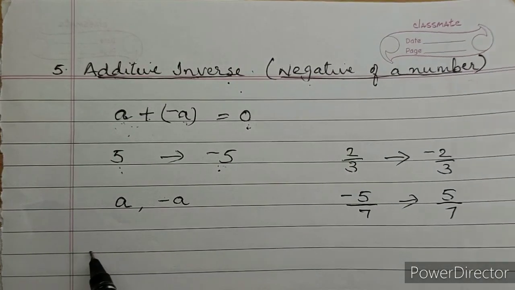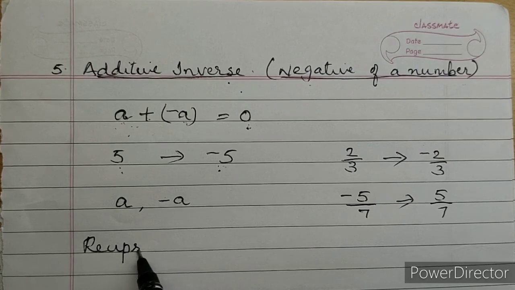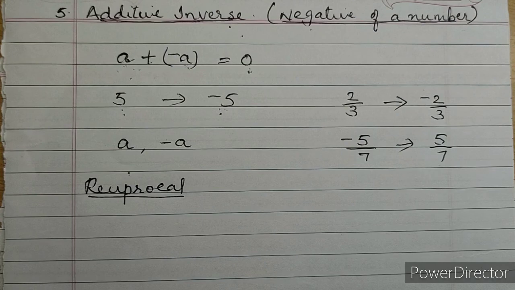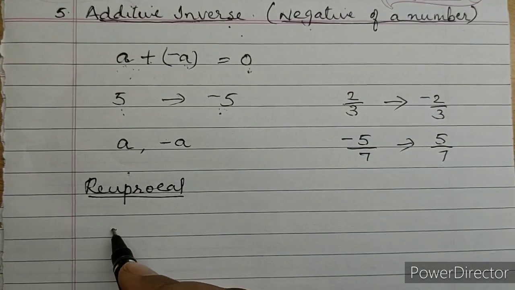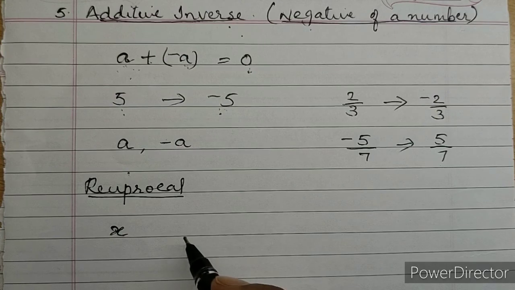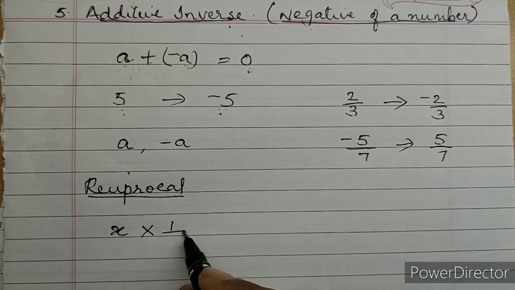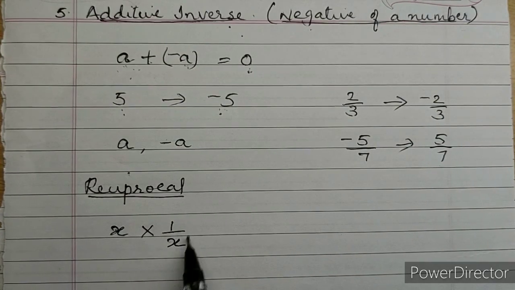Next is the reciprocal of a number. You have already learned about reciprocal. Reciprocal means you change the numerator to denominator and denominator to numerator. A number which, when multiplied with another number, gives the answer 1, where 1 is the multiplicative identity, then that number you can call the reciprocal. For example, if x is a number, x is multiplied by 1 by x, which is the reciprocal.